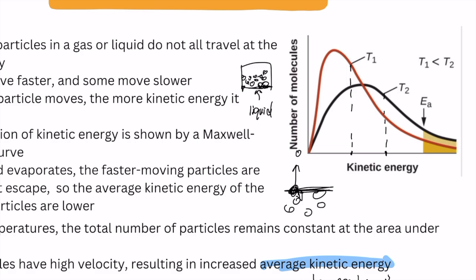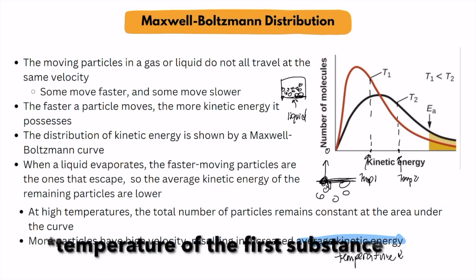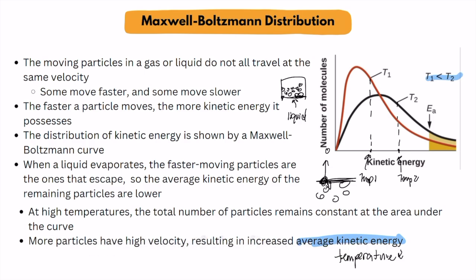And we can equate these two points to its temperature. And as you can tell from this graph, because in later IB exams you will be asked to derive information from graphs, we can say that the temperature of the first molecule is less than that of the second molecule.